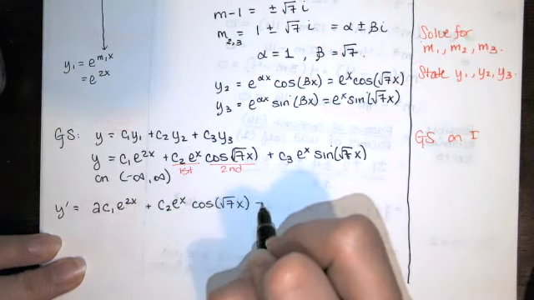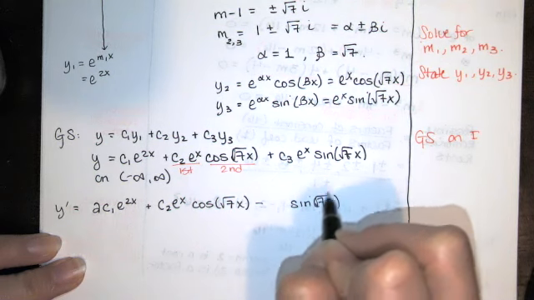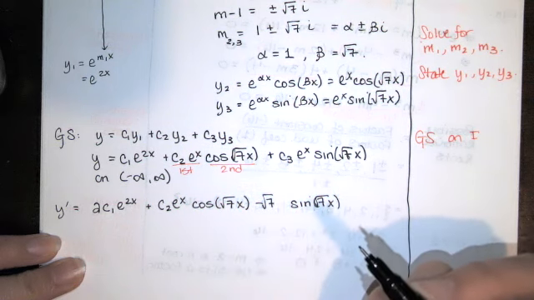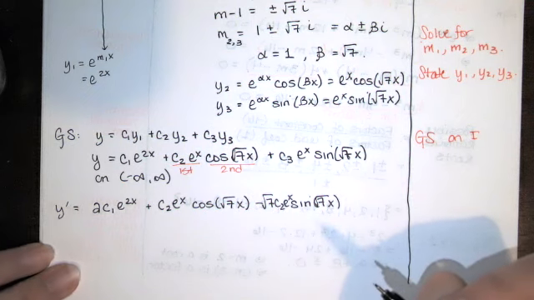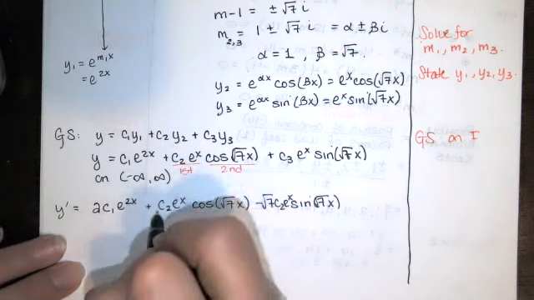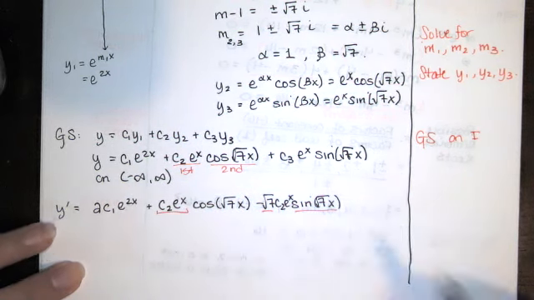Derivative of cosine is negative sine, times the derivative of the inside, that's going to be a square root of 7, times the first, which is c2 e to the x. So that's derivative of the first times the second plus the derivative of the second times the first.